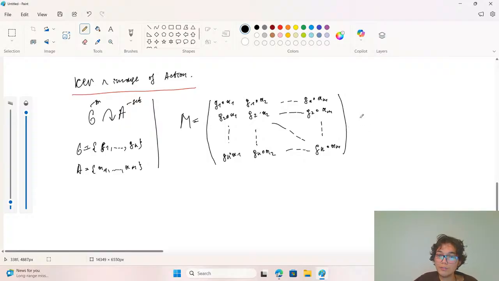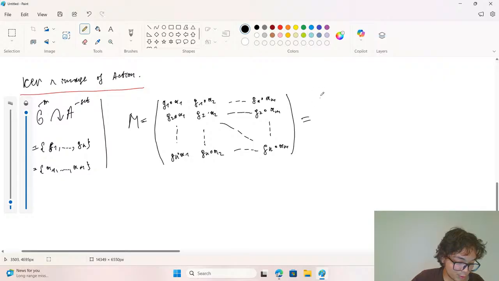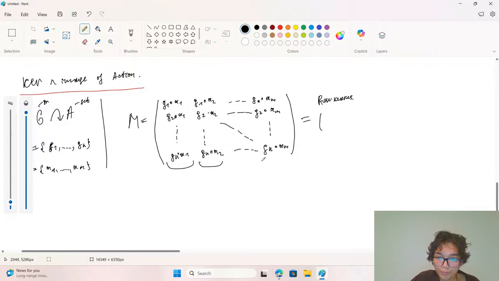I wrote it down in this way. As I said in my notes, in row representation we consider it column by column. So it's the group G acting on the one element A1, and here is G acting on element A2, and so on and so forth, G acting on AM.